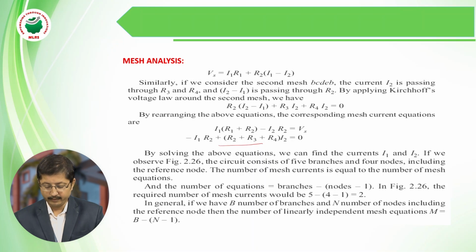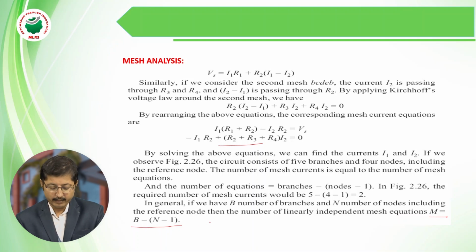So here we have to see one simple general expression. The number of loop equations we can find with the help of the formula, that is m is equal to b minus n minus 1.